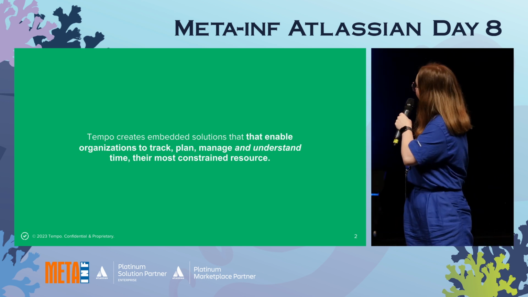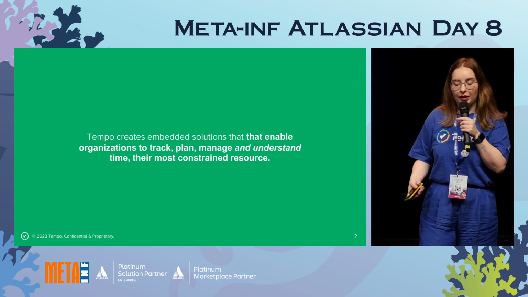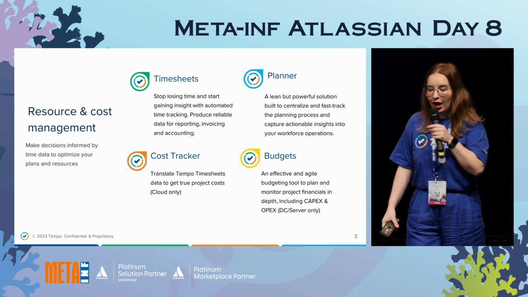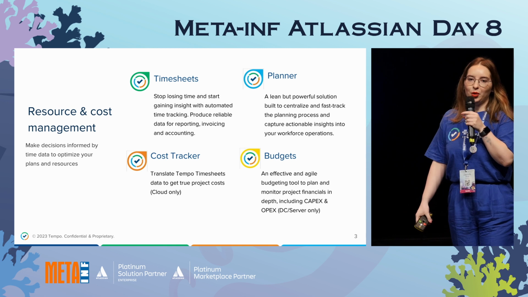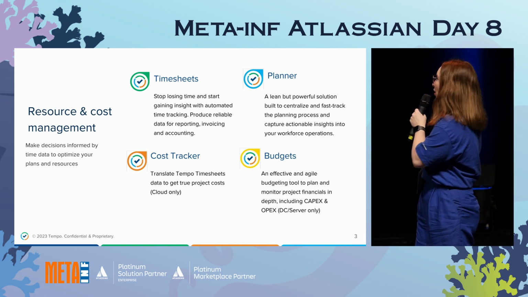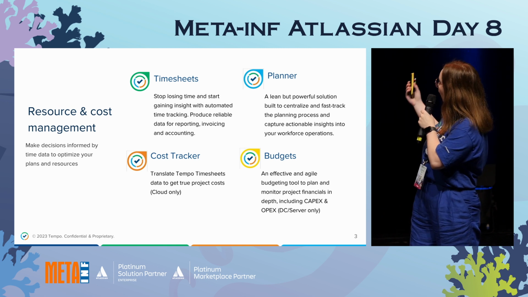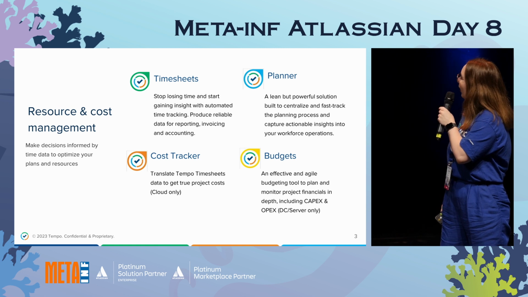So let's first take a look at the Tempo product line, the things that we offer. This is the Tempo product line, and you probably know many things about us already. There are 4 products, well, I would say 3, but you'll understand why, in our portfolio.